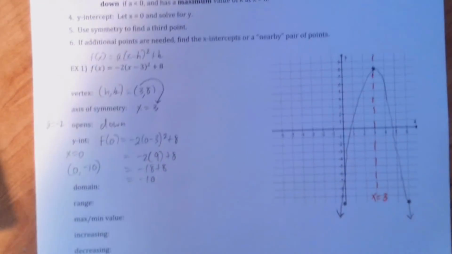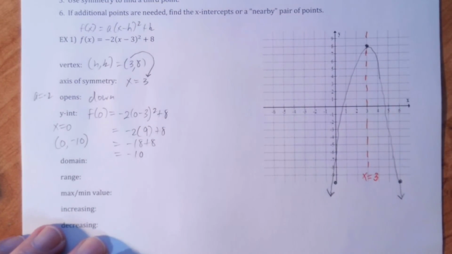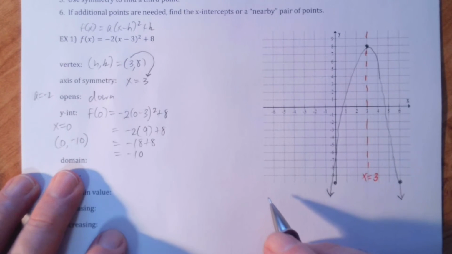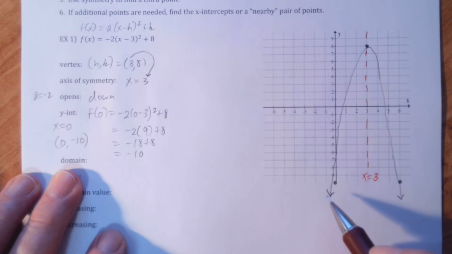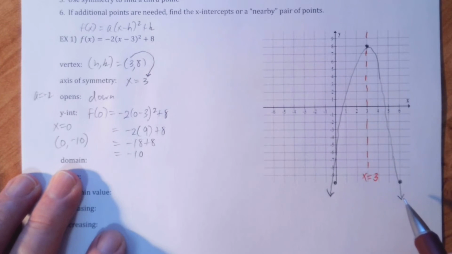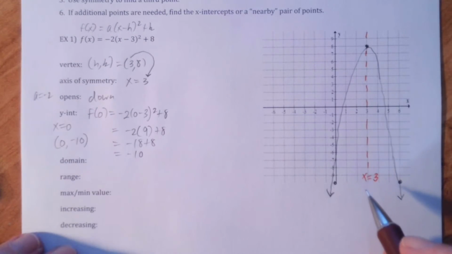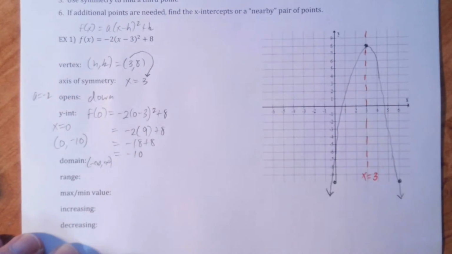All right, so now that we have our graph, we have a few questions of review that we should be able to answer. So domain, well, we know the domain of a quadratic function is always all real numbers. Notice the graph, even though it's going down quickly, it does go forever left and forever right, so there's no leftmost or rightmost point. So it's going to be all real numbers, our most popular domain.